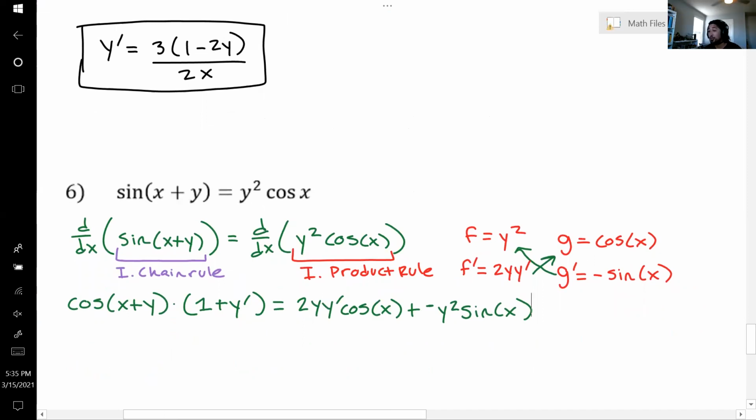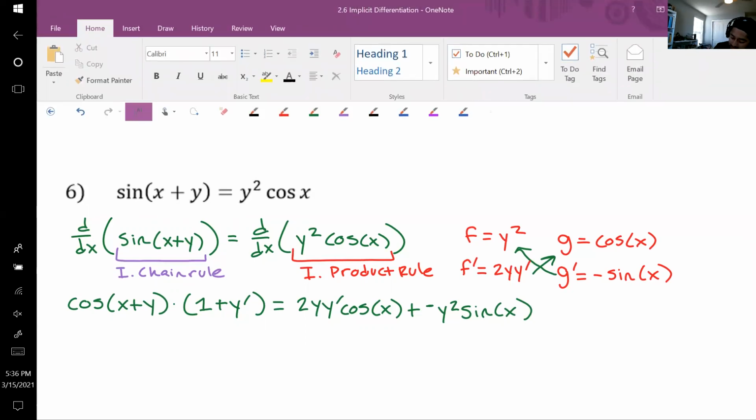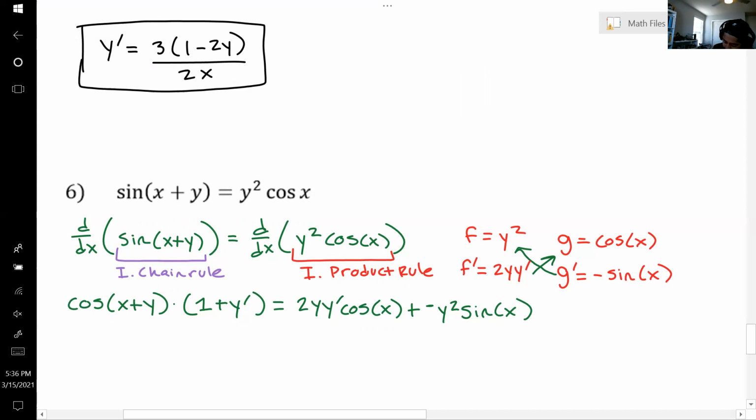Okay, so remember, our goal is to solve for y prime. So now we have to figure a way to put our y primes together. Let me just rewrite it because I hate that negative sign there. It just bothers me.